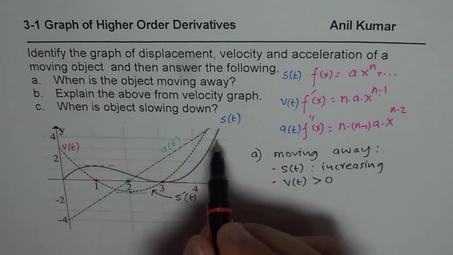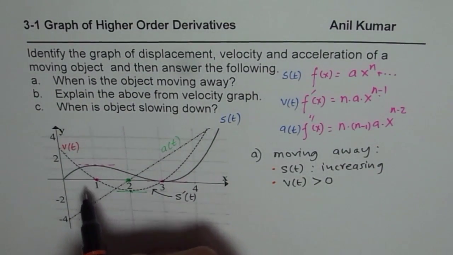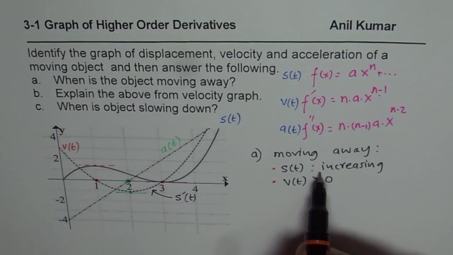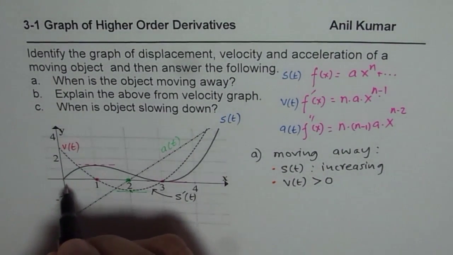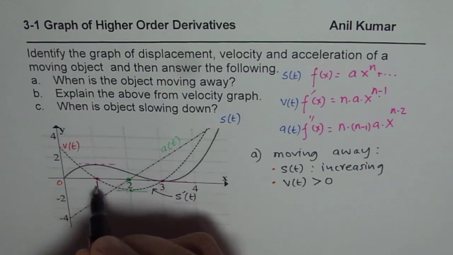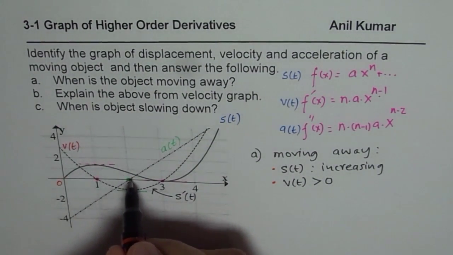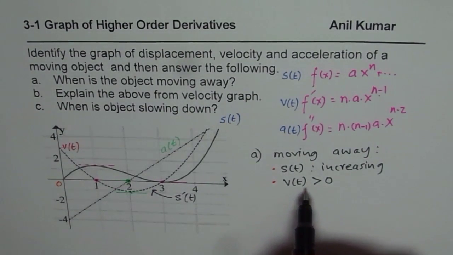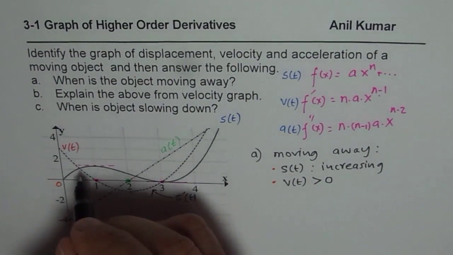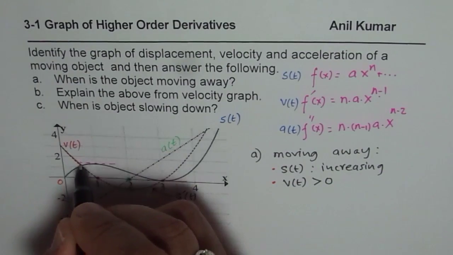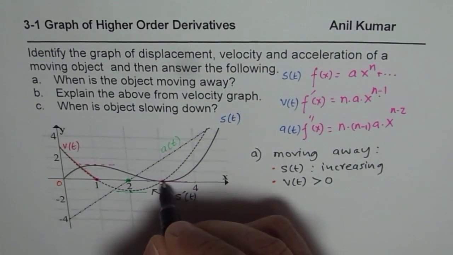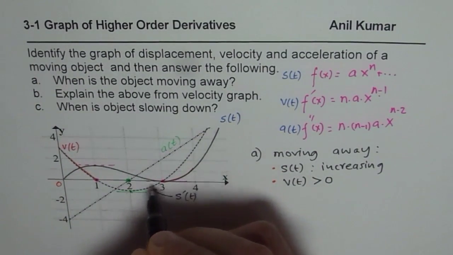So we identified the solid line to be displacement, and displacement is increasing from point 0 to, let us say, point A, which is t equals 1. It is increasing and decreasing thereafter. If you consider the velocity graph, it is positive when? It is positive during this part, and after this, do you see that? I mean the dotted line.